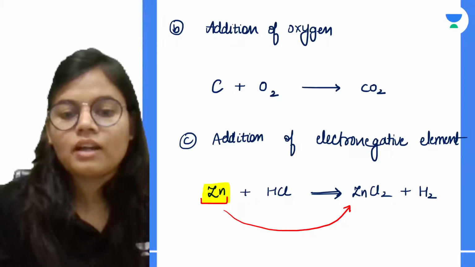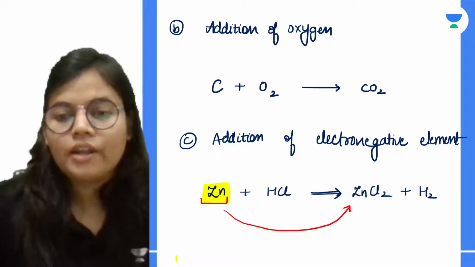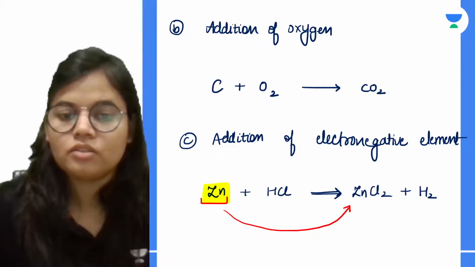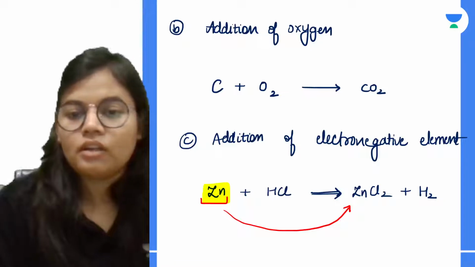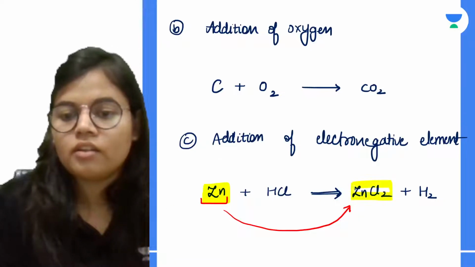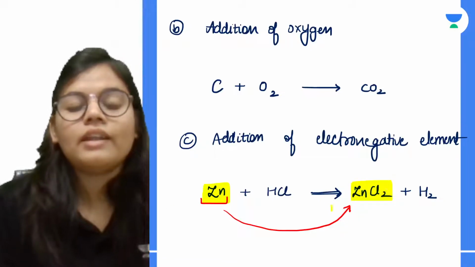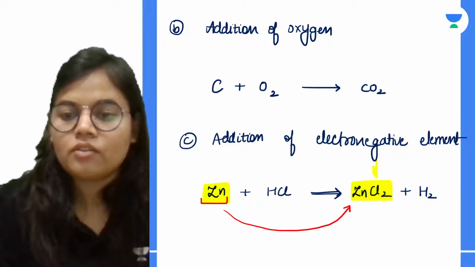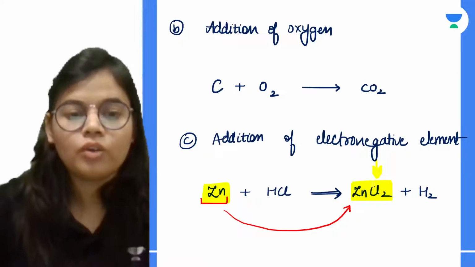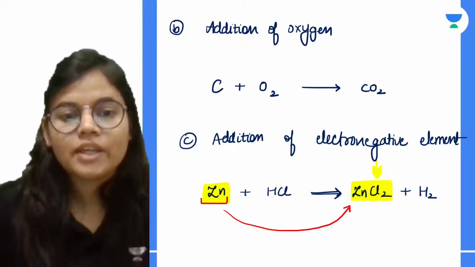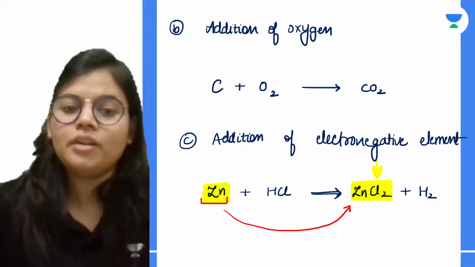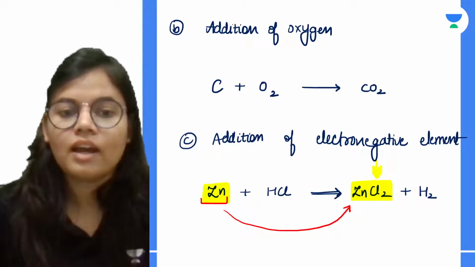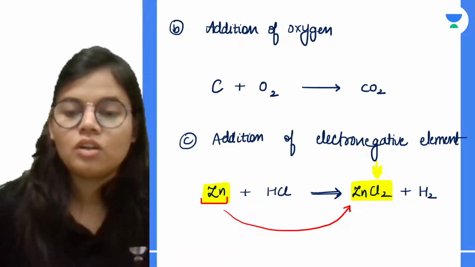When zinc reacts with hydrogen chloride, we get the products zinc chloride plus hydrogen. Now from zinc to zinc chloride, an electronegative element is being added. Now what is that electronegative element? It is chlorine. So because of this addition of electronegative element, we can say that oxidation has taken place.